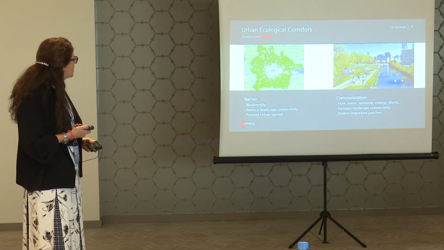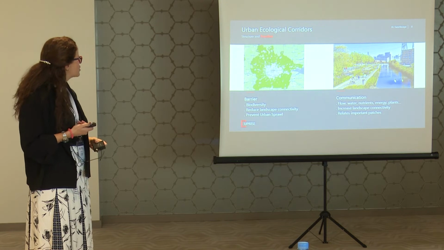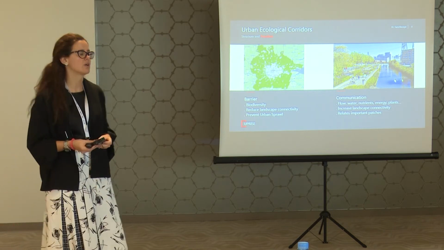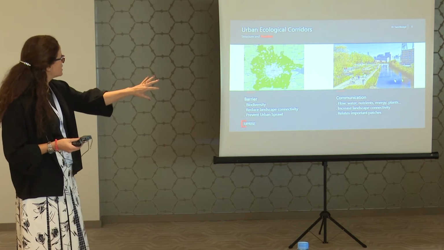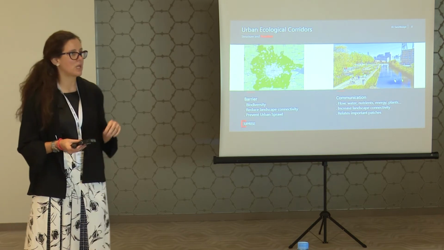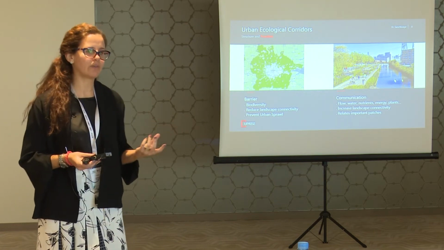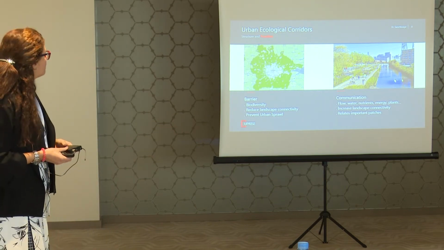In terms of its function, we can have barrier corridors or we can have communication ones. And these have different kinds of characteristics, but again, they can also be combined depending on what we want out of them.